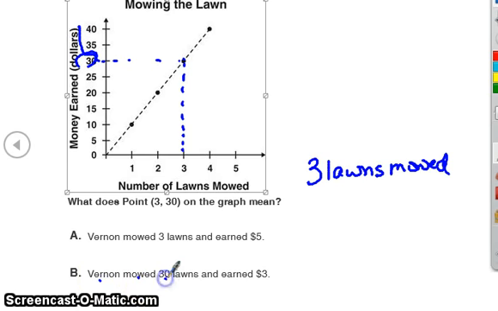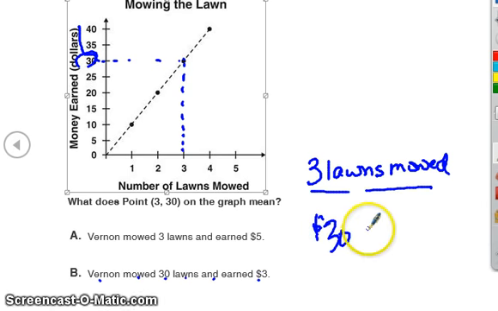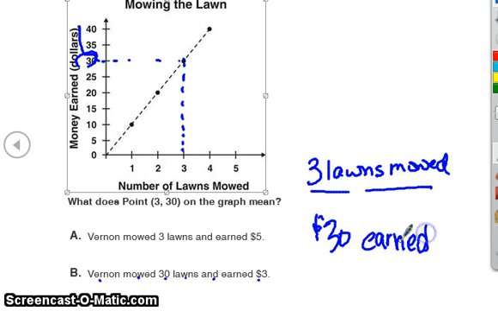A, Vernon mowed 30 lawns and earned $3. That's backwards. He mowed 3 lawns, but he earned $30. This one does not have the correct numbers, so we know that one's out.